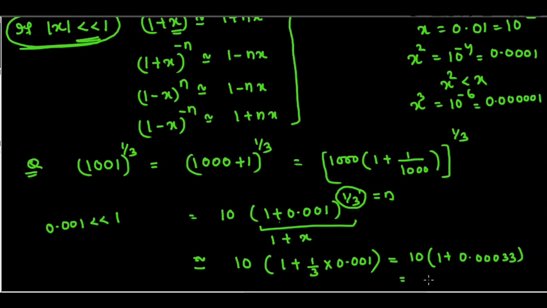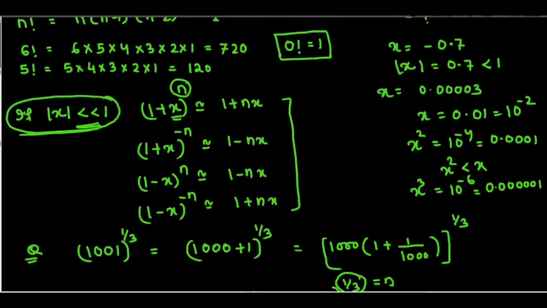So the answer will be 10.003301 approximately. This is the approximate value. So students, you just have to remember these expressions, because we are going to use these formulas many times in physics. So this is the binomial theorem that we are going to use in physics.